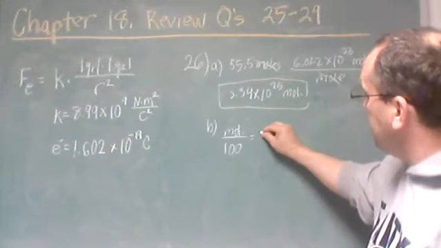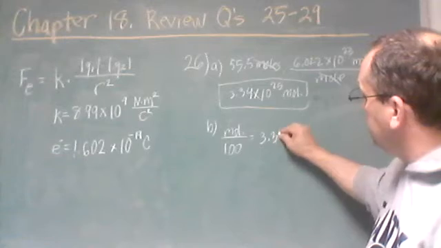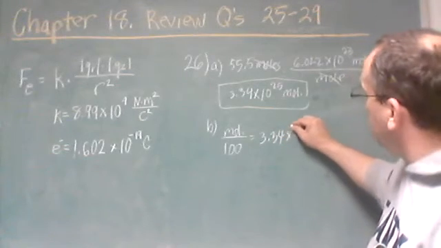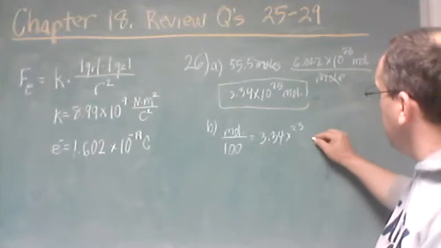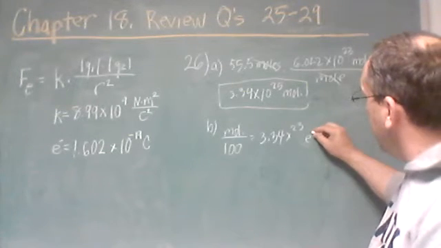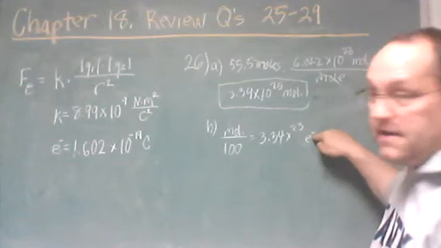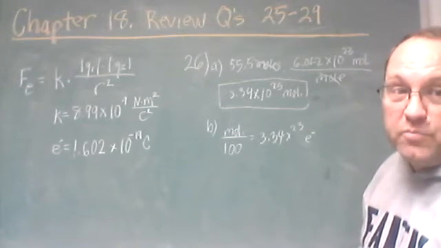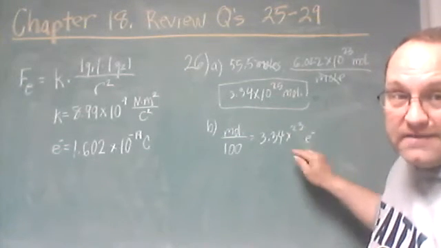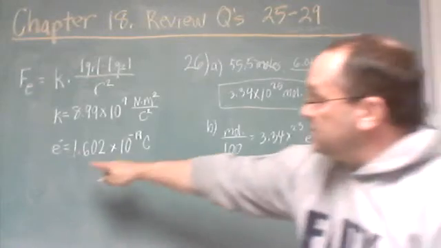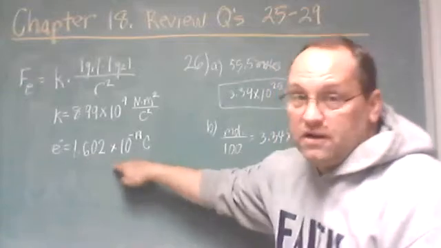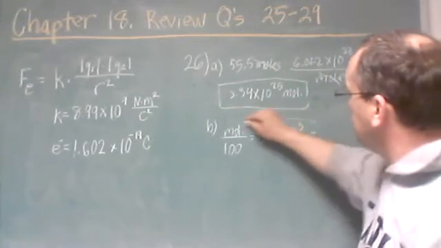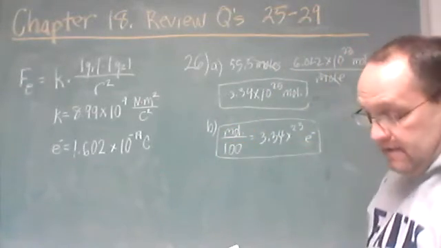All it effectively does is move the decimal point over. We now have 3.34 times 10 to the 23 electrons. I'm going to use an e with a minus sign in the superscript, which is the standard symbol for the electron, representing the charge on an electron. So that's the number of electrons.